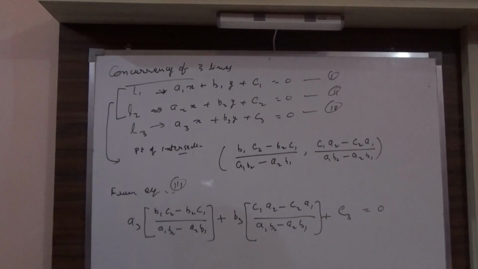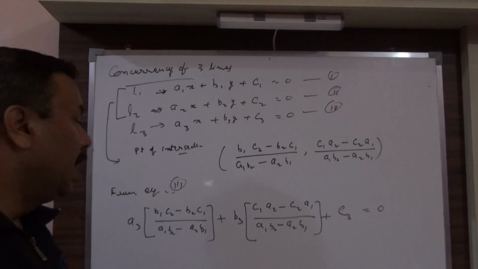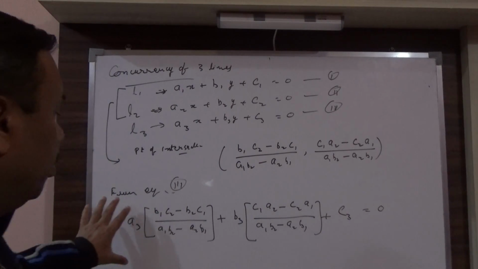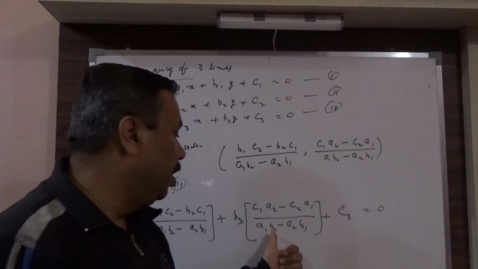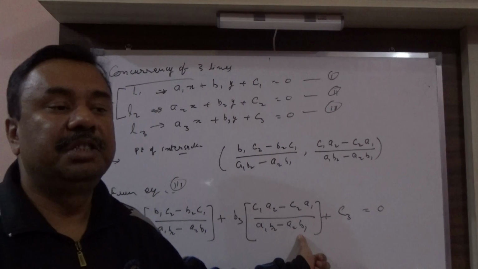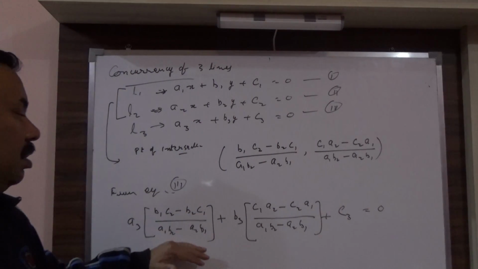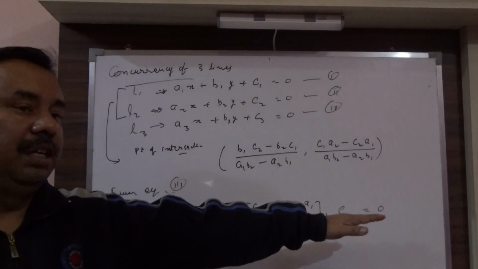Now I will multiply both sides by A1B2 minus A2B1, that is the denominator, so that this will go on the other side, it will become 0.